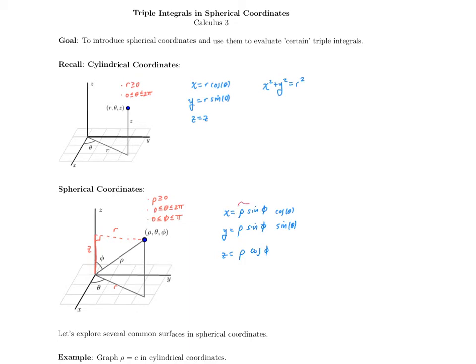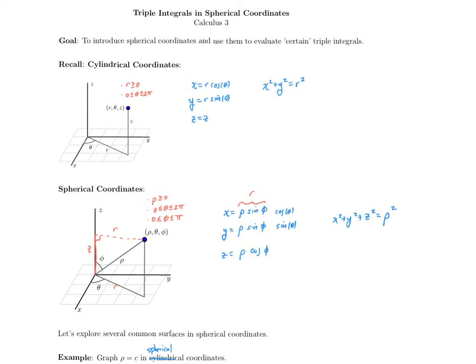So note the rho sine of phi is really representing our r, but we will think of these three equations as the relationships between Cartesian and spherical coordinates. And it's also worth noting that because rho measures the distance from the origin, x squared plus y squared plus z squared will be equal to rho squared.